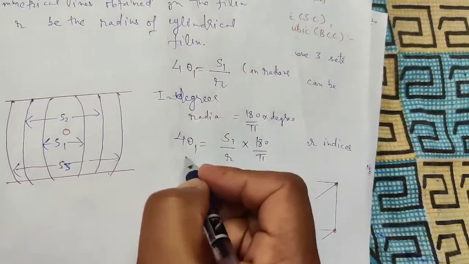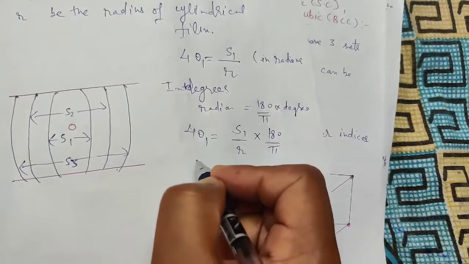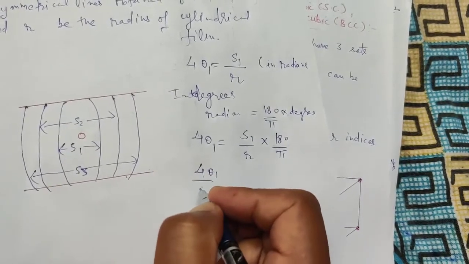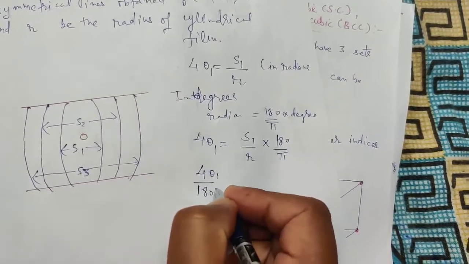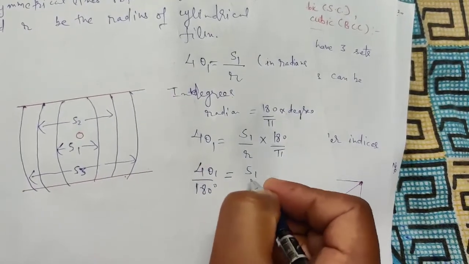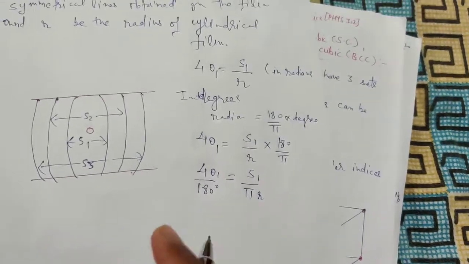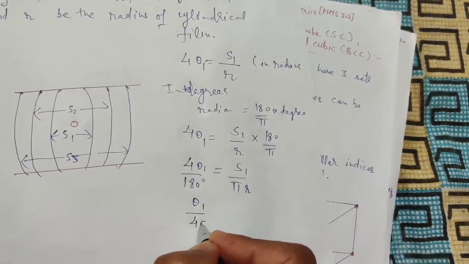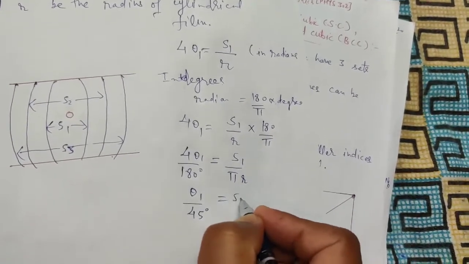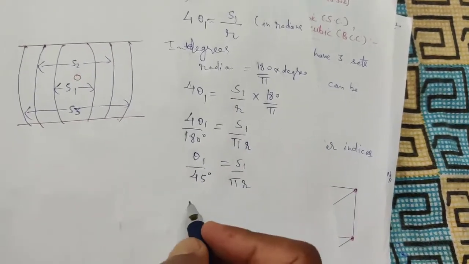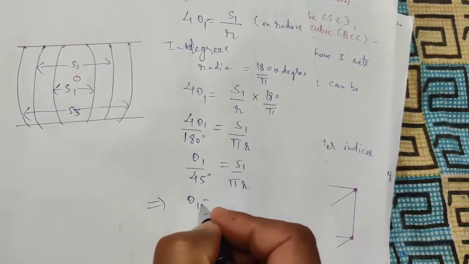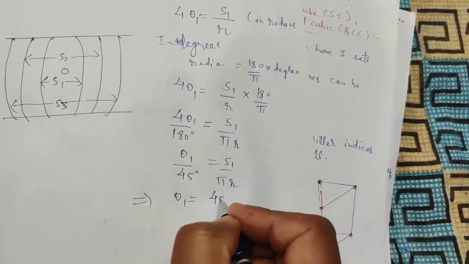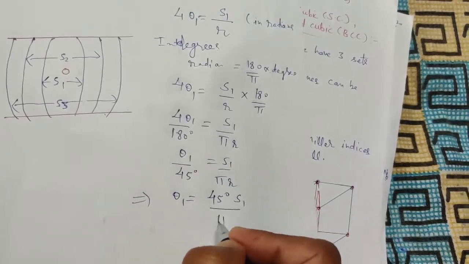So 4 theta 1 is 180 degree into s1 upon pi r, so theta 1 will be 45 degree into s1 upon pi r.